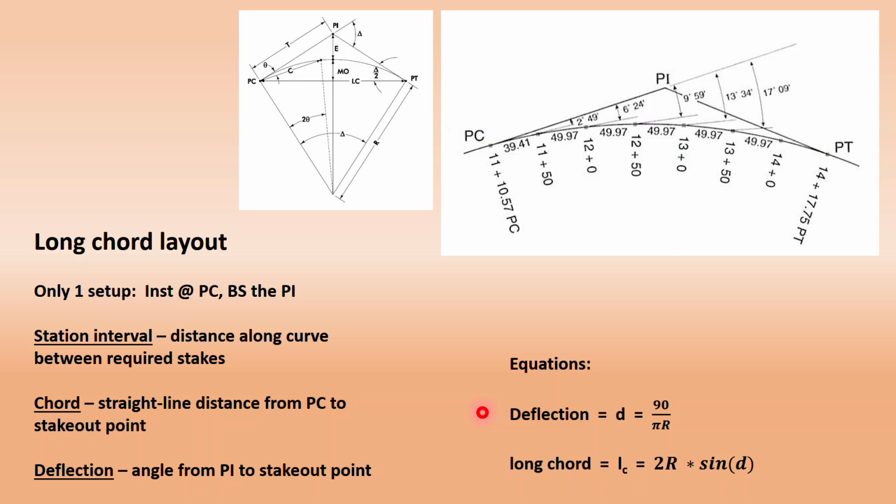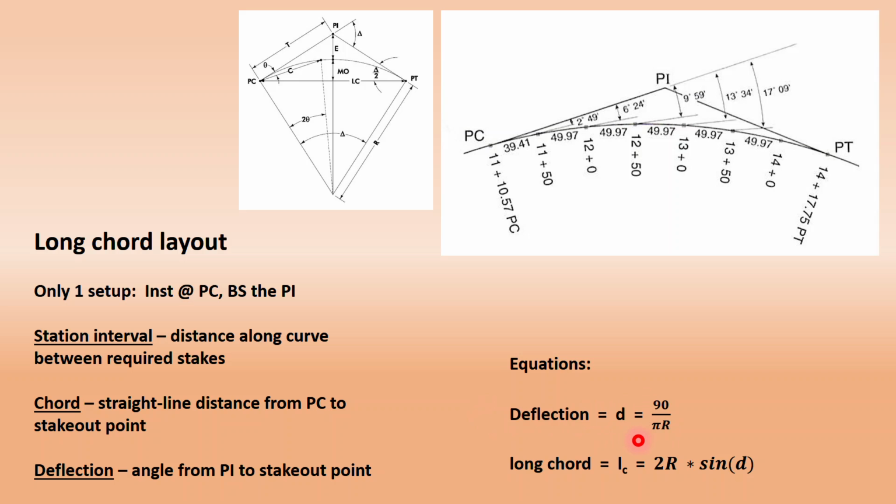The equations to calculate this data: the deflection angle, little d, is equal to 90 divided by pi times the radius. And that's the deflection angle to establish a point 1 arc distance, or 1 arc foot, away. And then we're going to look at how we apply that to the different lengths of our stationing.